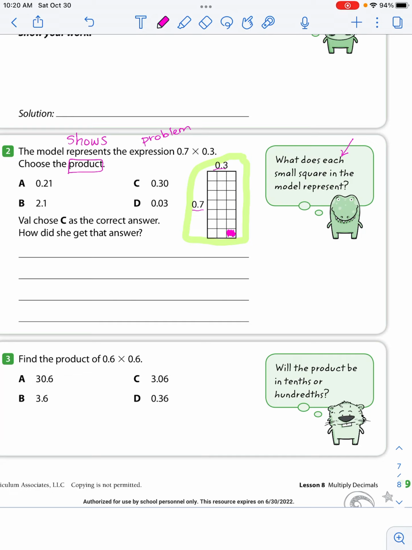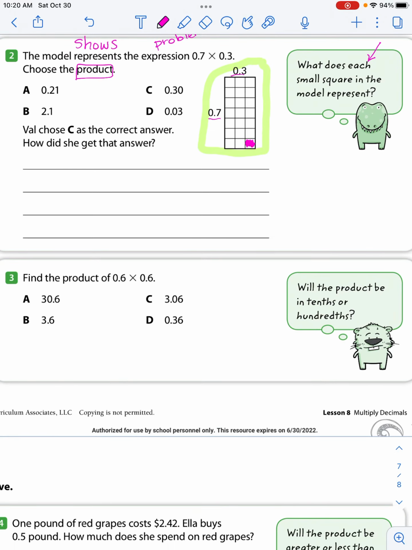So first you're going to need to solve the problem. Then you're going to have to decide if Val has the same answer as you, and is she right or wrong? I would assume you would think she was wrong if you have your own solid answer choice. But then you have to analyze, what did Val do to get that answer? If she's wrong, what did she do incorrectly?